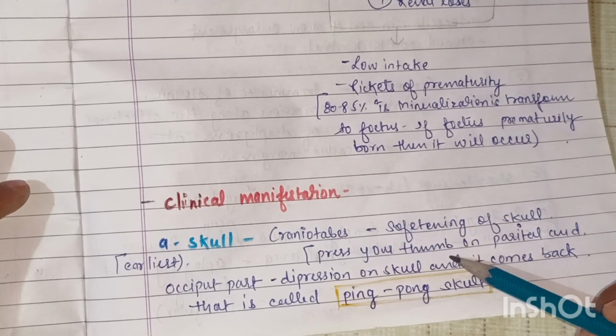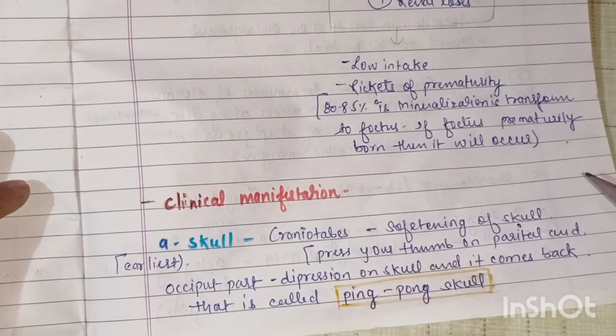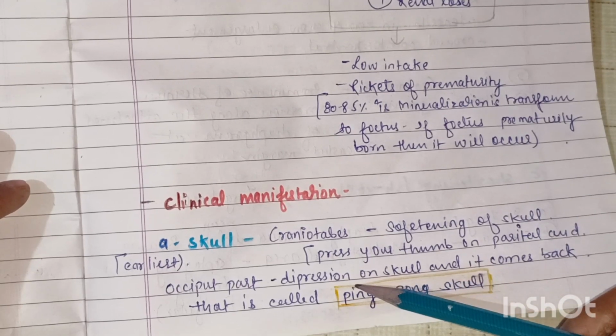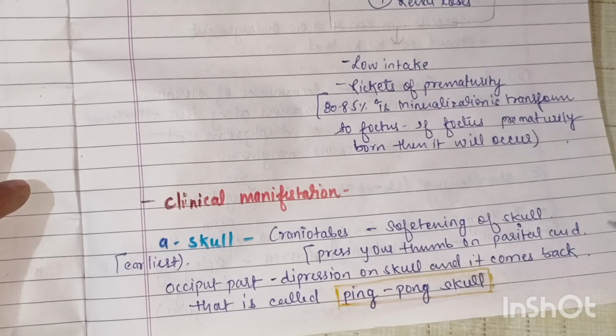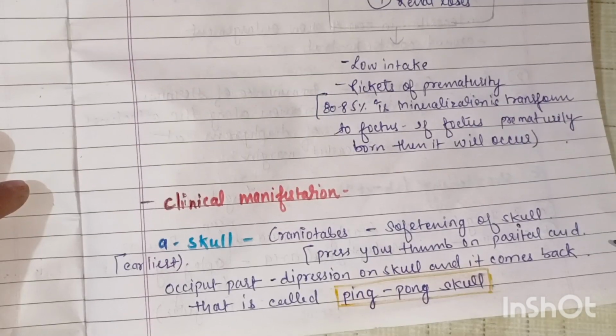You can detect this by pressing your thumb on the parietal and occipital part of the skull; if there is a depression that comes back, that is called a ping pong skull. This is a very important and earliest clinical sign of rickets.